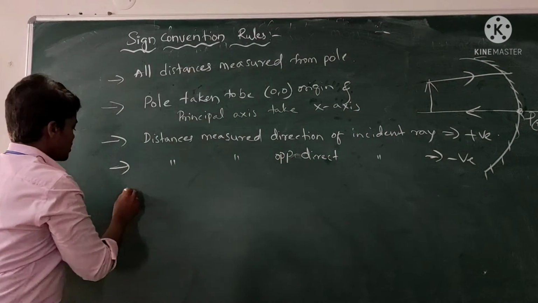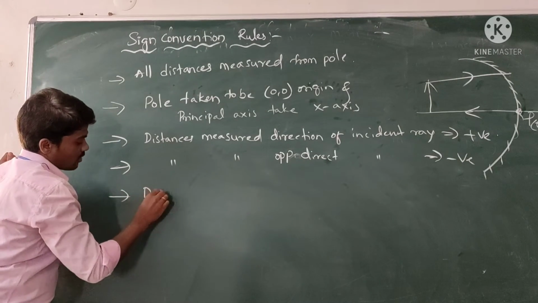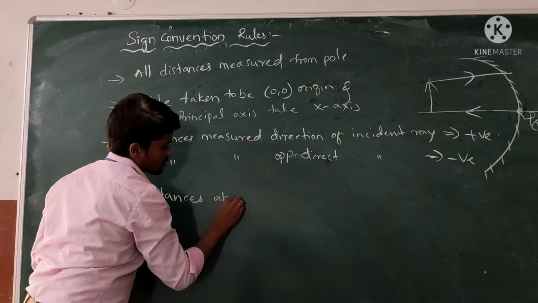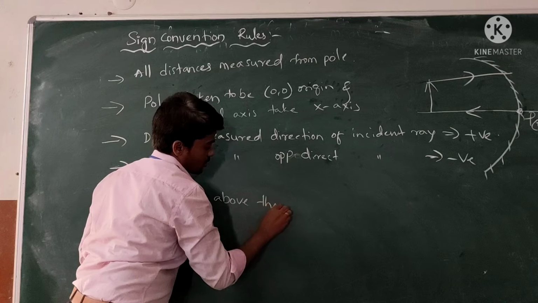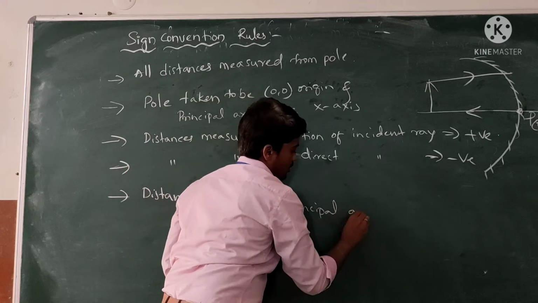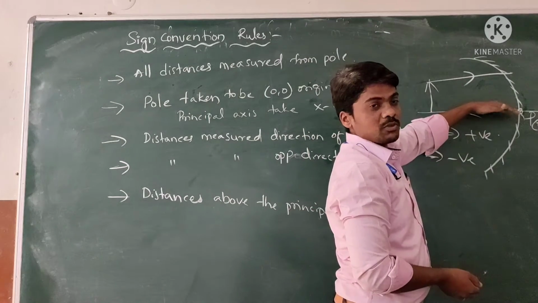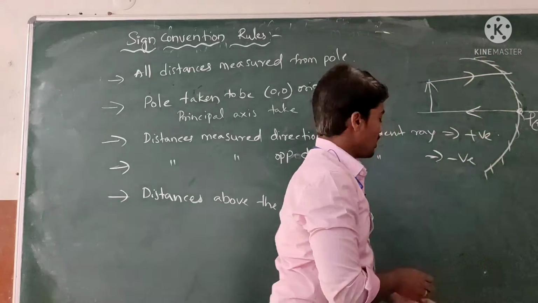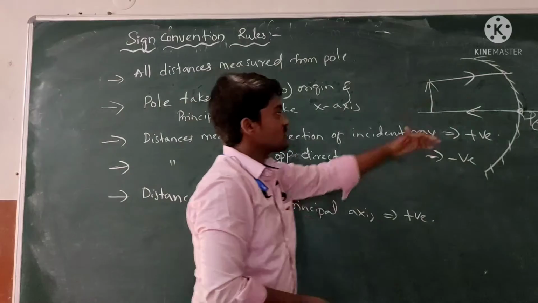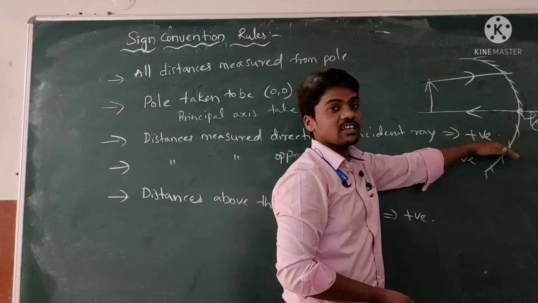See the next one: distance above the principal axis is taken as positive. Here is the principal axis; above it is positive. Distance measured below the principal axis is taken as negative.